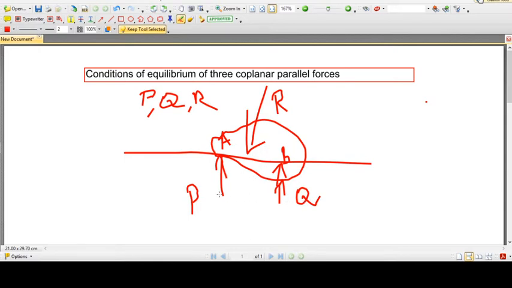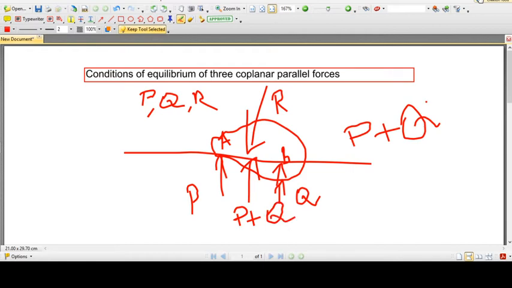The resultant of P and Q is equal to the algebraic sum, P plus Q. And the resultant is parallel to P and Q.